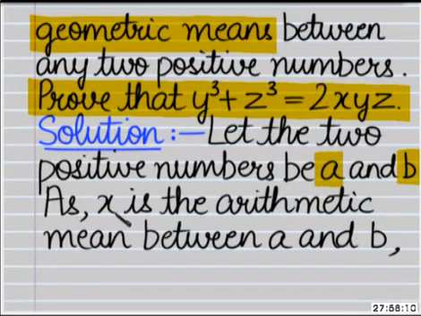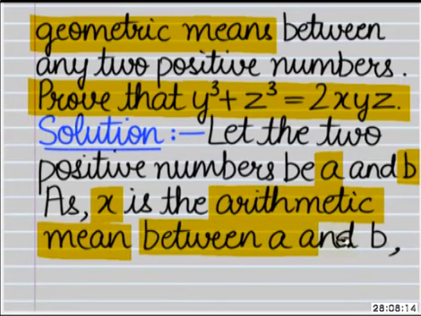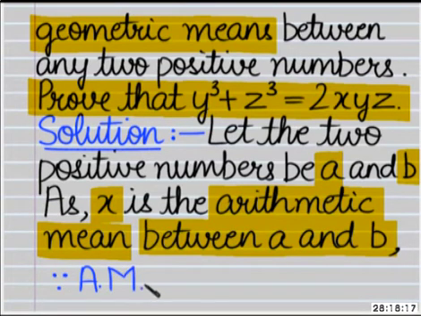Now as x is the arithmetic mean between a and b, and we know that arithmetic mean, that is AM, between two numbers is equal to a plus b by 2.